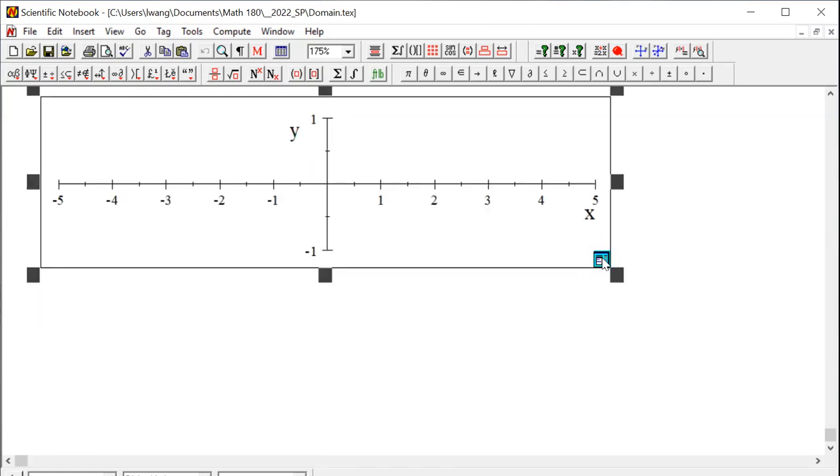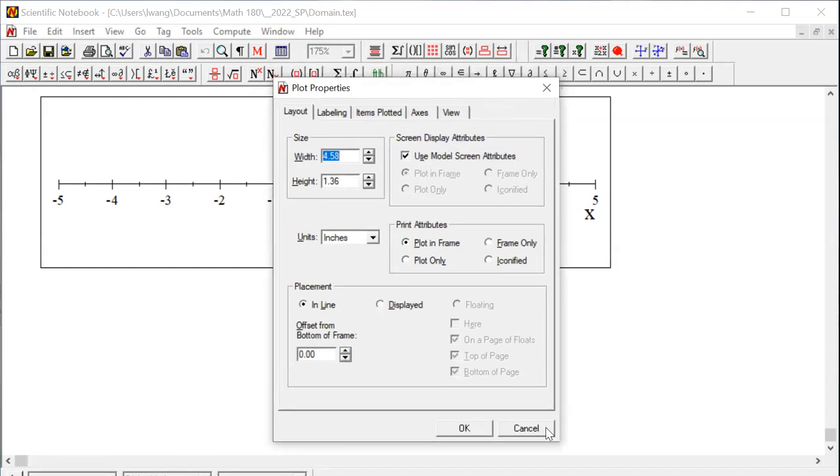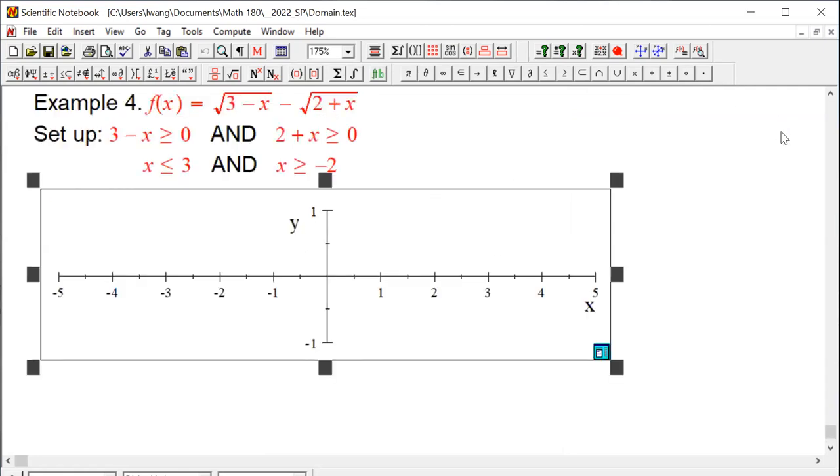We're just going to make a number line. So we have -2, we have +3. So this is the number line we're talking about. -2 is here and +3 is over here. So we're combining these two conditions.